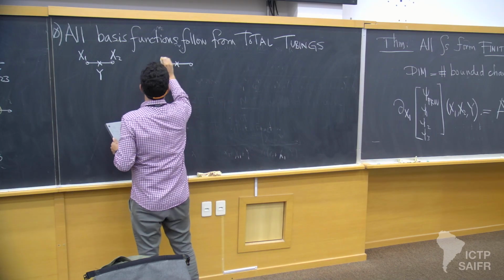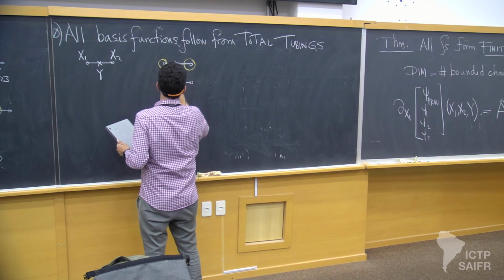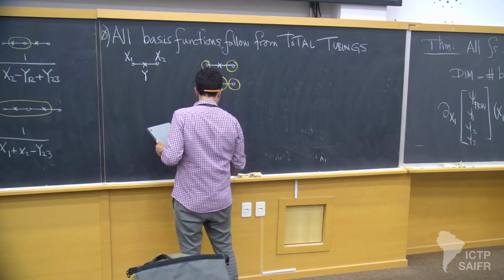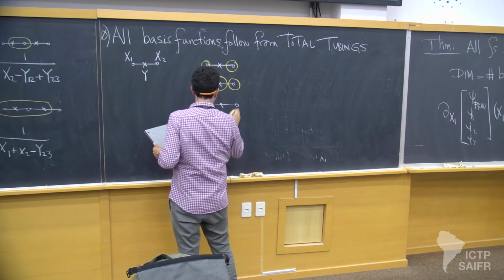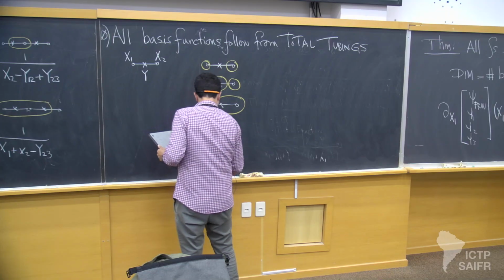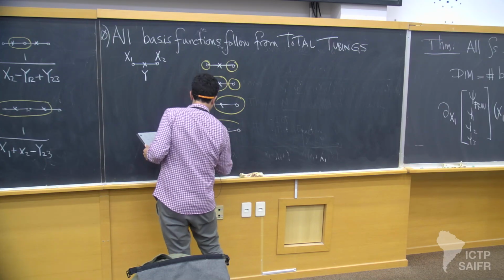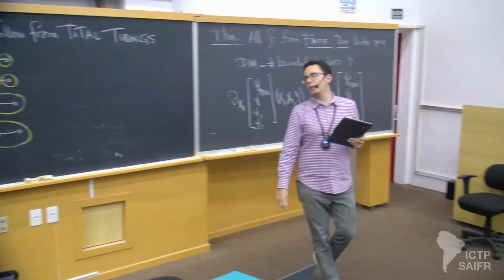So number 1 is this. Number 2 is this. Number 3, this. Number 4, this. Okay? So the tubes must always enclose the little balls.